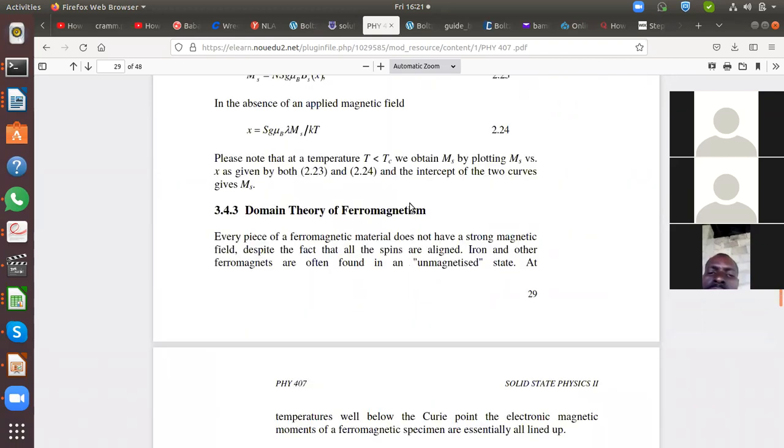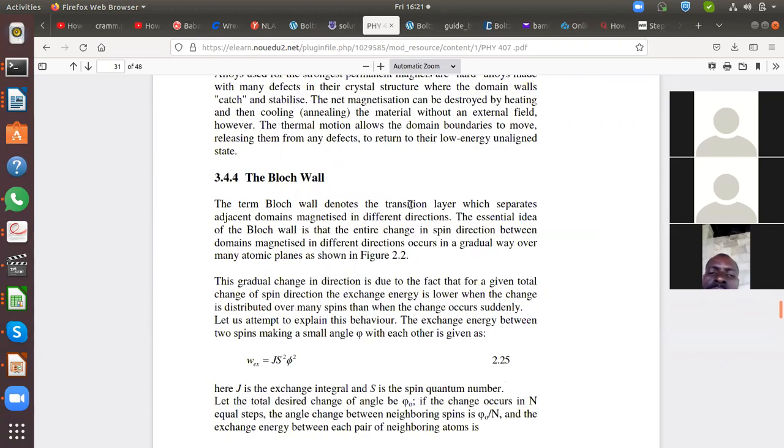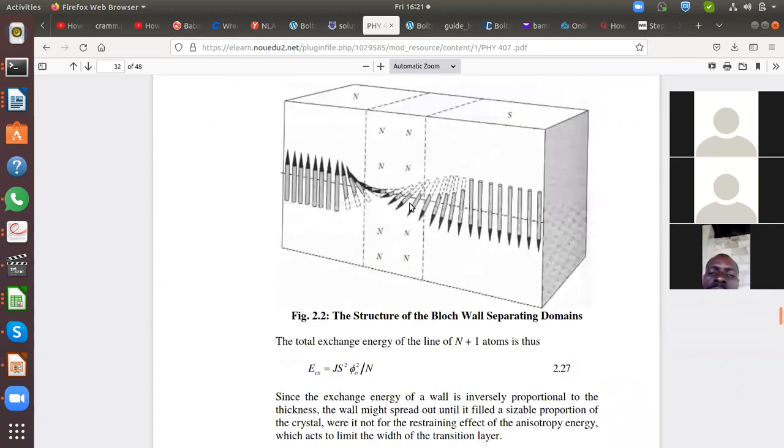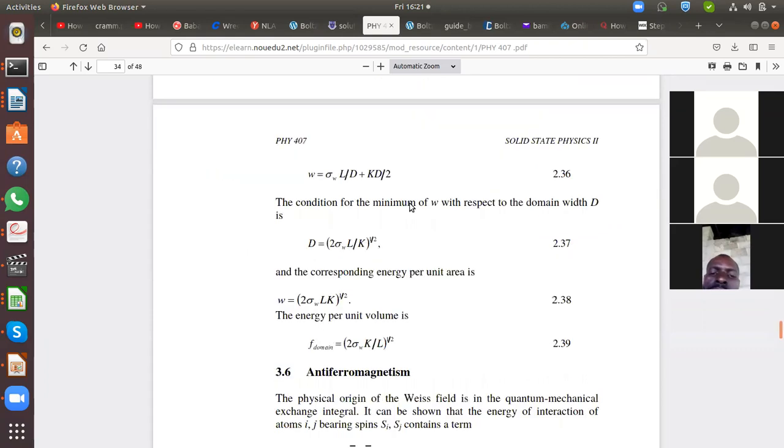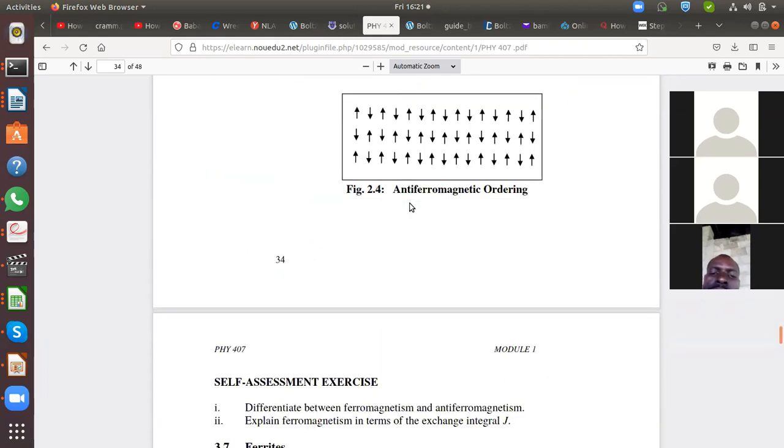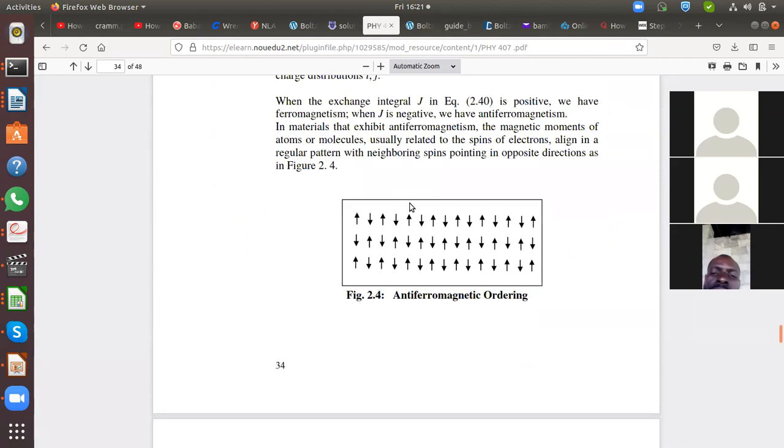At the end of the 6 weeks, we shall be moving into the 7th week, where we'll be discussing imperfection in solids. That aspect is a very good area because if you look at this picture now, like I was telling you the other time, with the Pauli exclusion principle, you have spin up and spin down. Look at this figure 2.4. The ordering of the magnetic moment here is up and down, meaning that there is a pair.